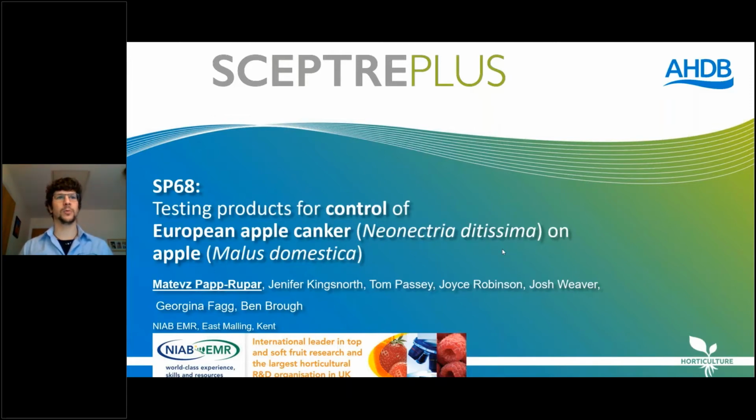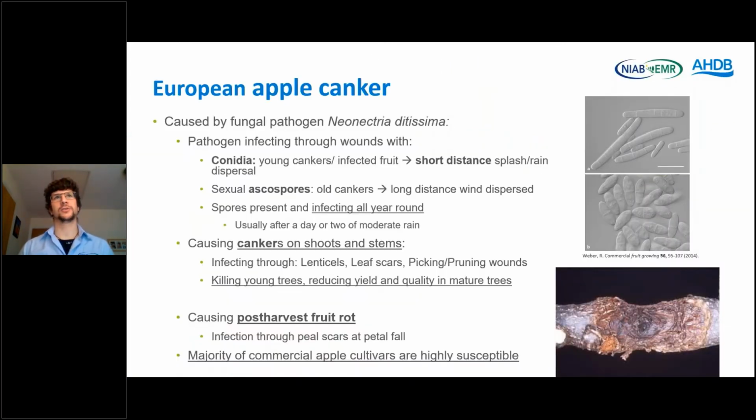My name is Papp-Rupar. I'm from IBMR in Kent, and we're going to first introduce apple canker for those lucky few who have no prior knowledge of the canker. It's caused by a fungal pathogen called Neonectria ditissima, and it infects through wounds. It's an opportunistic pathogen. It infects through conidia, which are on your top right, the long spores, and the conidia are used for short distance splash and rain dispersal from branch to branch or between trees.